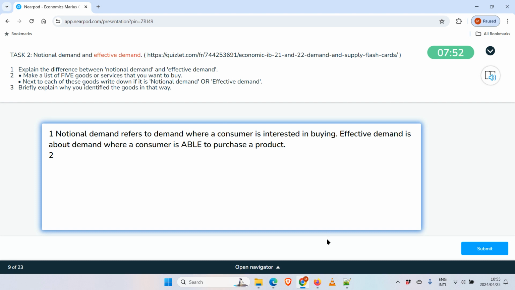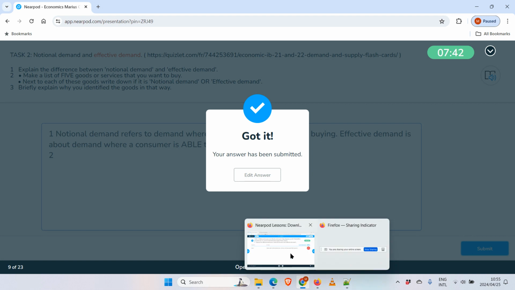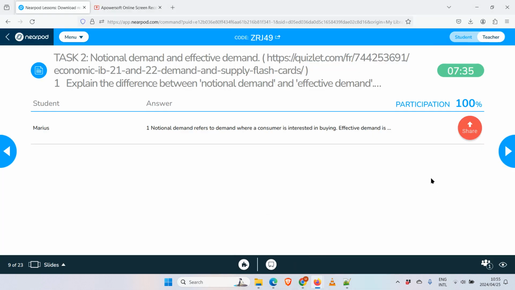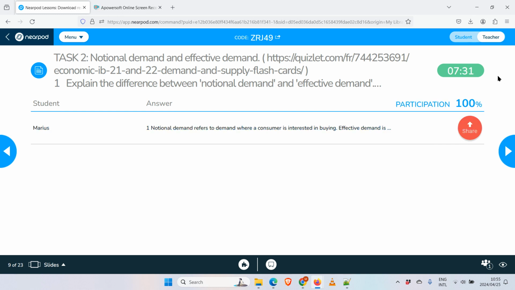That is what the student will do, and when they finish, they will submit the answers. Again, let me go back to the teacher's screen. The time will elapse, and at the end of this task, the teacher may want to look at what the students have entered and maybe comment on their answers.